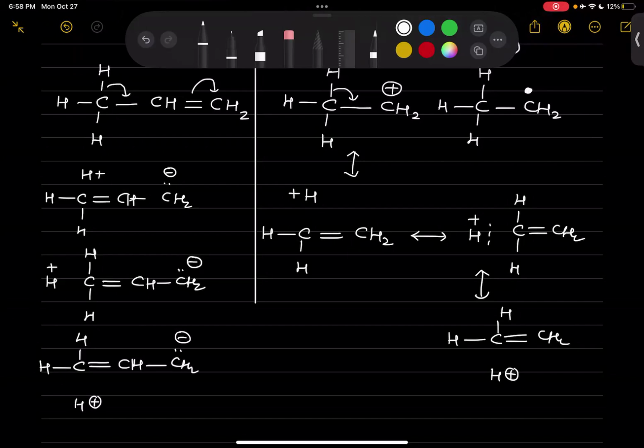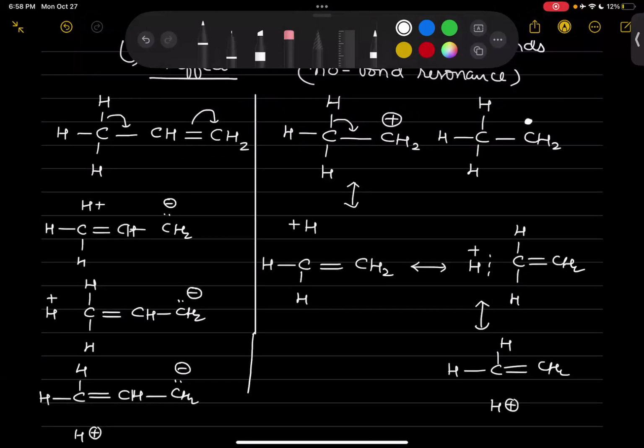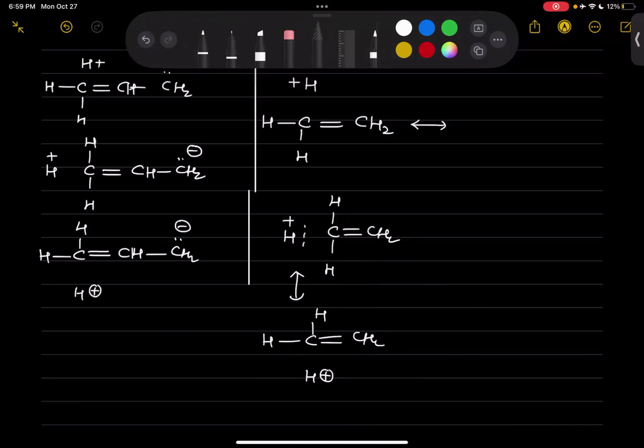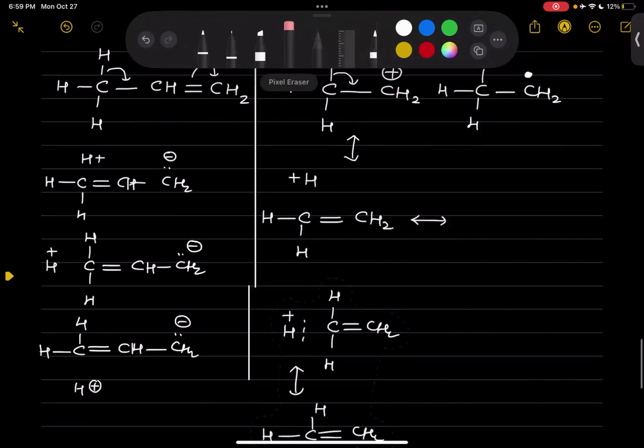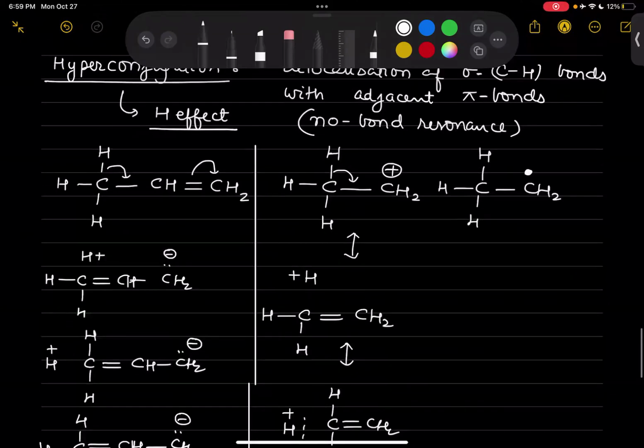So it can cause the stabilization of alkenes and of cations, carbocations, due to the delocalization of electrons. Clear?